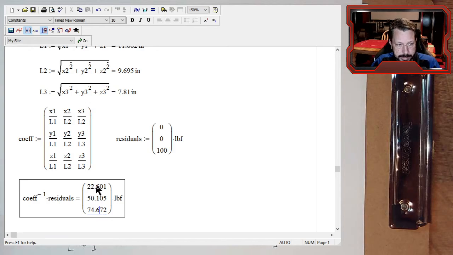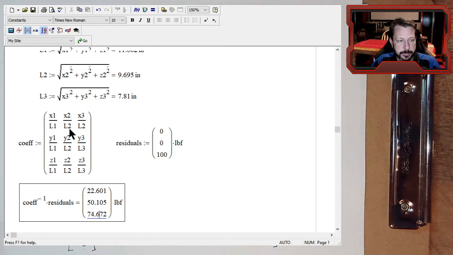And these are in that order because of the order I put them in here. You can kind of see all the ones, x1, y1, z1, are lined up here, x2, y2, z2, x3, y3, z3. So all the forces, or the variables, F1, F2, and F3, are lined up in such a way that the residual, or the answers, come out as F1, F2, and F3.